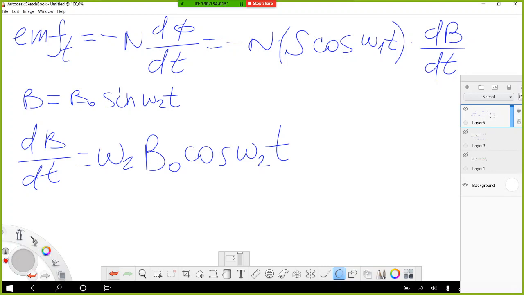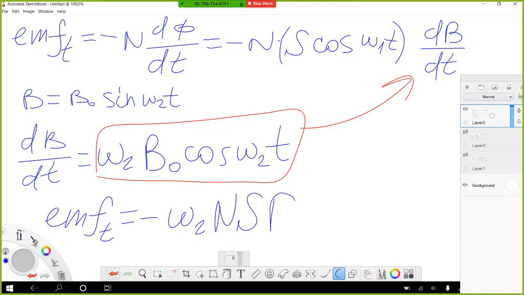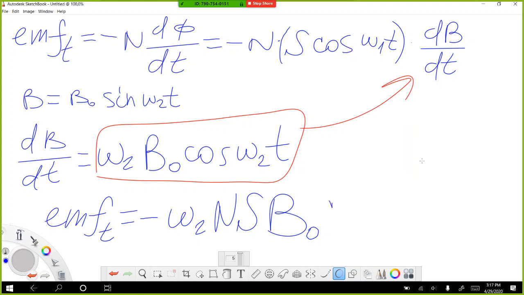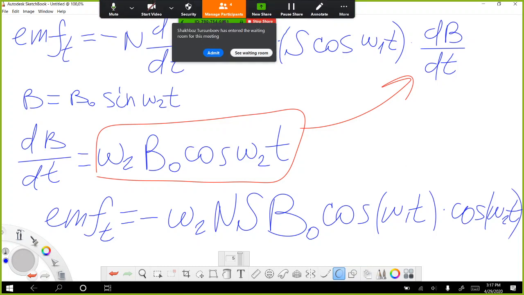And if we put this expression here, the transformer action electromotive force will be equal to minus omega 2 N S B0 multiplied by cosine omega 1 t multiplied by cosine omega 2 t.